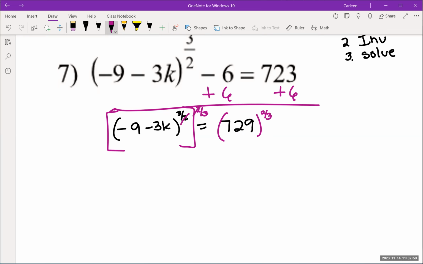Two on top, 2 on the bottom, 3 on top, 3 on the bottom. So I get -9 minus 3k, 729 to the parentheses 2/3 is 81.